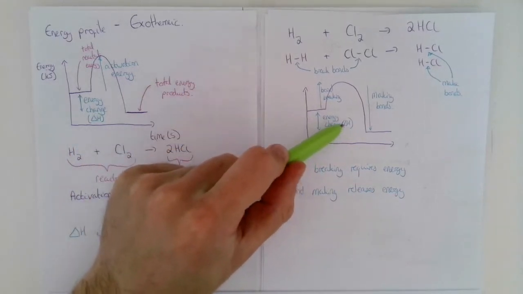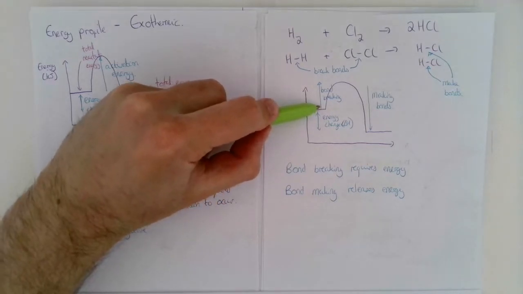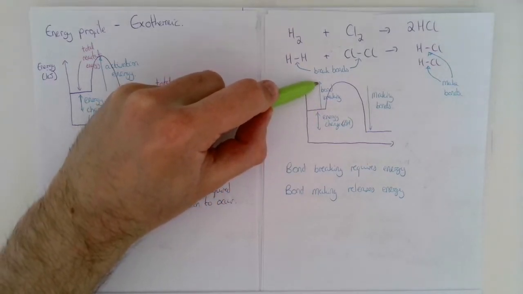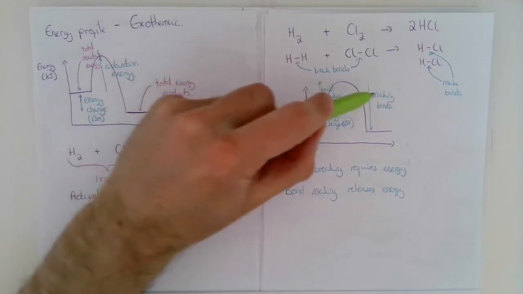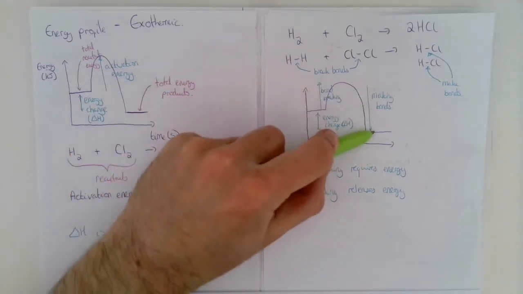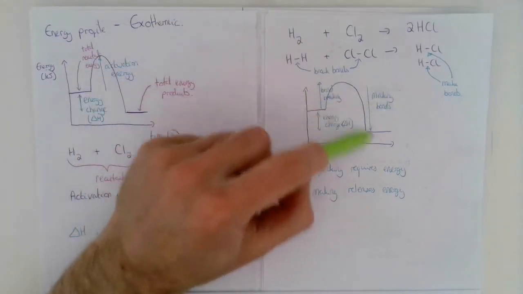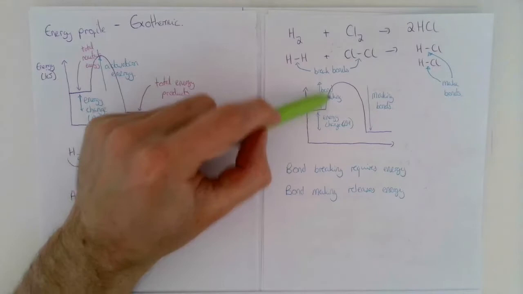The reason for that is because the energy that you need in order to break the bonds there is less than the energy that we get released when we make all of the new bonds. So in more simple terms, this number here is bigger than this number here.